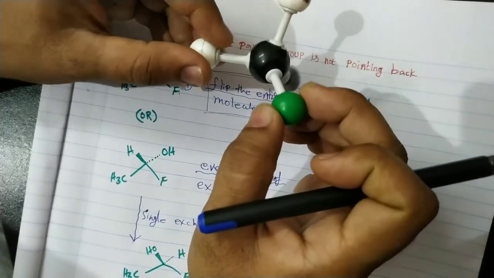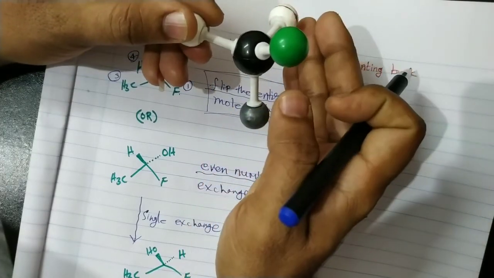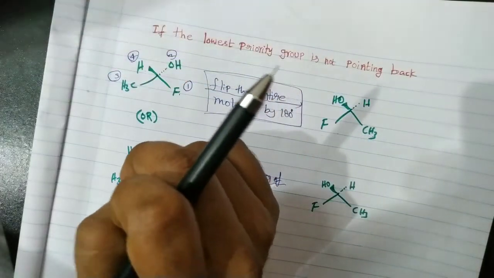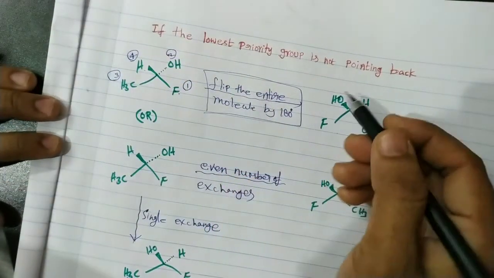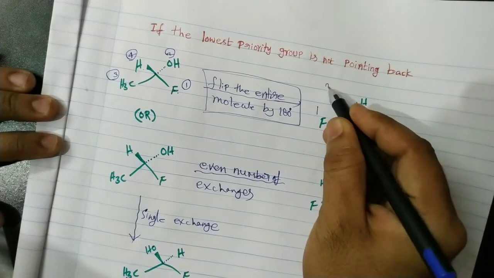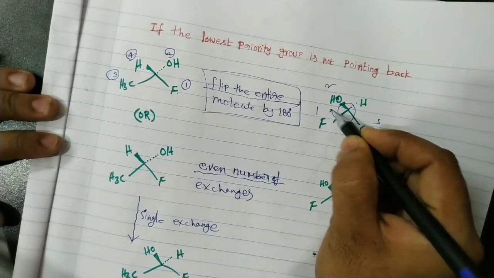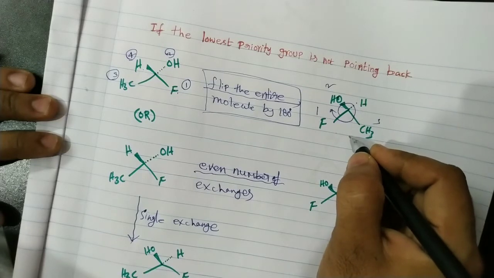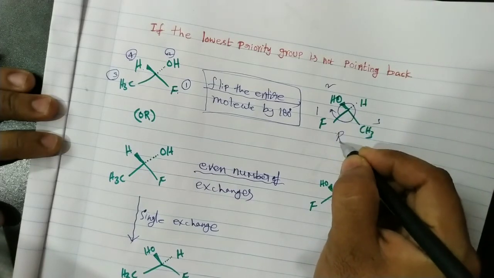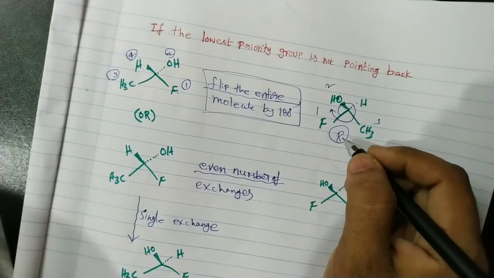Just rotated like this, the group which is below the plane comes above the plane. Now give the first priority, second priority, third priority. So here 1, 2, 3, this one is a clockwise direction. So it is R configuration.